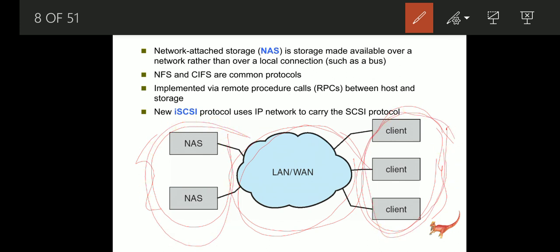The information is getting stored in a system which is located somewhere else, but these clients assume that it is getting stored in their own storage space. So the host can treat its storage as if it were directly attached, but actually the storage is somewhere else. It is distant from the host.